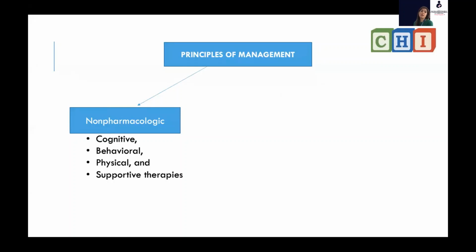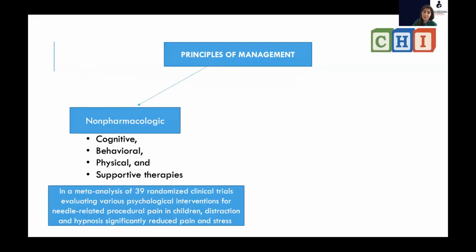For the non-pharmacological aspect: cognitive, behavioral, and physical supportive therapies. Several randomized clinical trials have been evaluating patients who are going into needle-related procedures, and they applied psychological interventions with hypnosis methods, and they have noticed that it reduces pain significantly, along with stress.